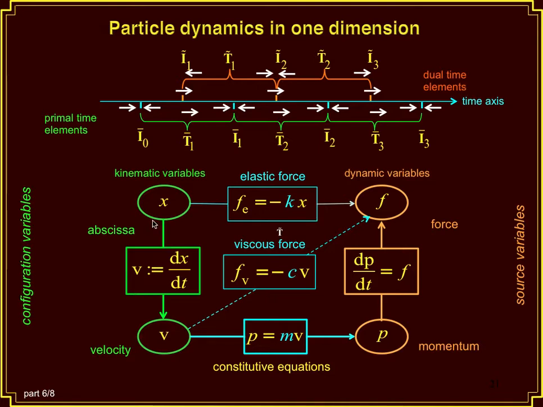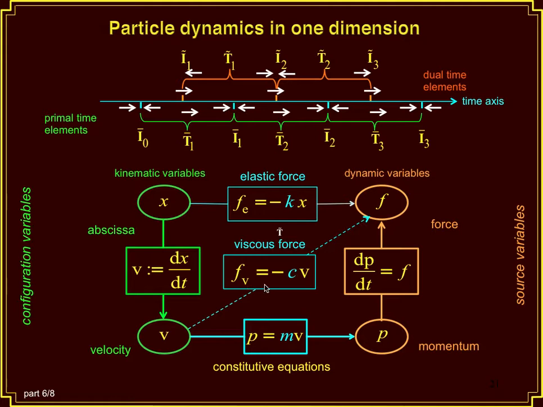After you have the constitutive equation, for example, an elastic force, in which the elastic force is opposite but proportional to the abscissa, to the displacement from the initial position. Another example is the link between force and velocity.